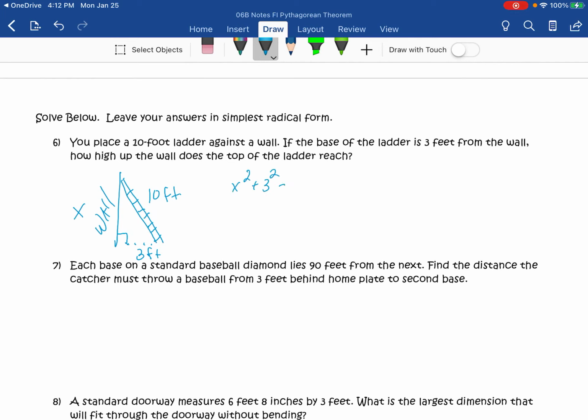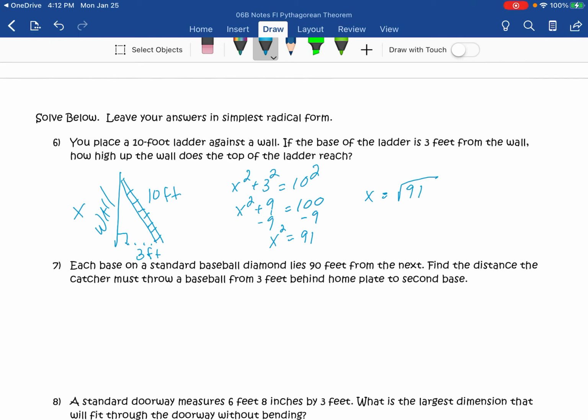So I know leg squared plus leg squared is equal to hypotenuse squared. x squared plus 9 is equal to 100. x squared is equal to 91. x is equal to radical 91.